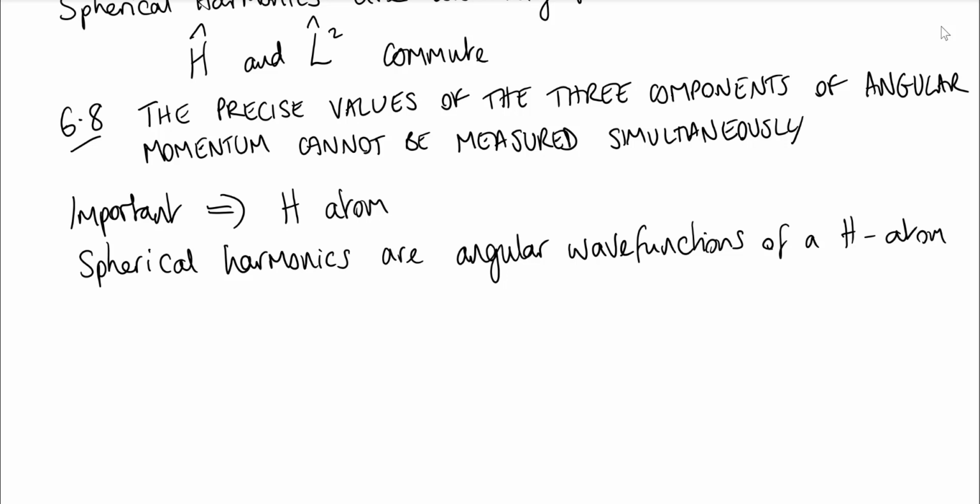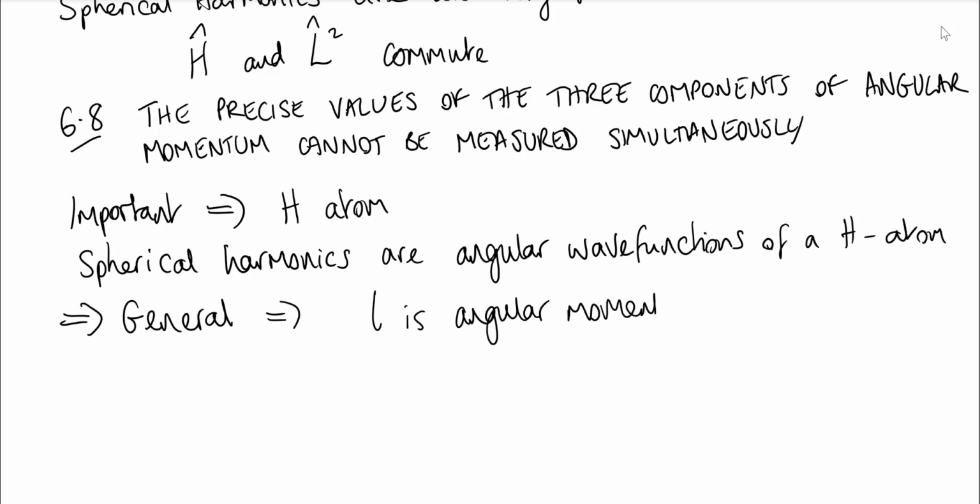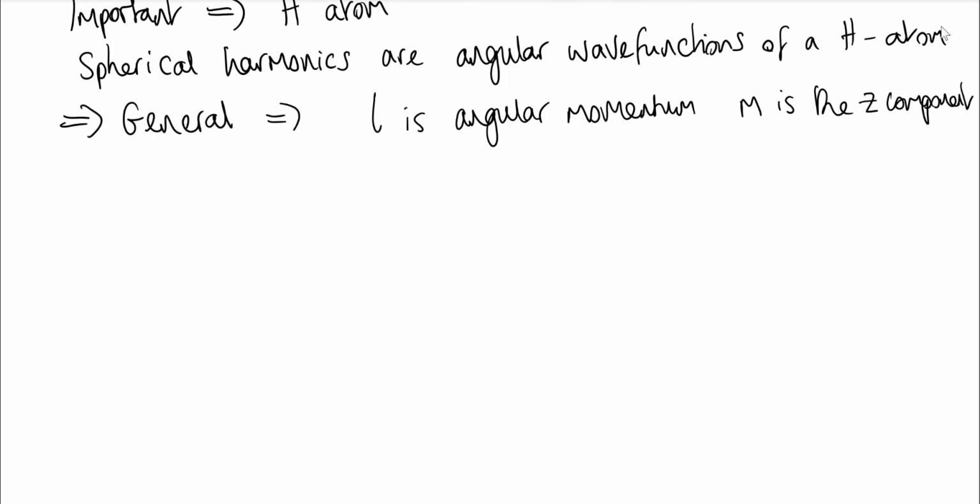So we're also going to now make things a little bit more general, and I've mentioned this already, and we're basically going to say that L is angular momentum, and we're going to say that M is the Z component of that angular momentum. And so for a second, let's just go back and look at angular momentum.